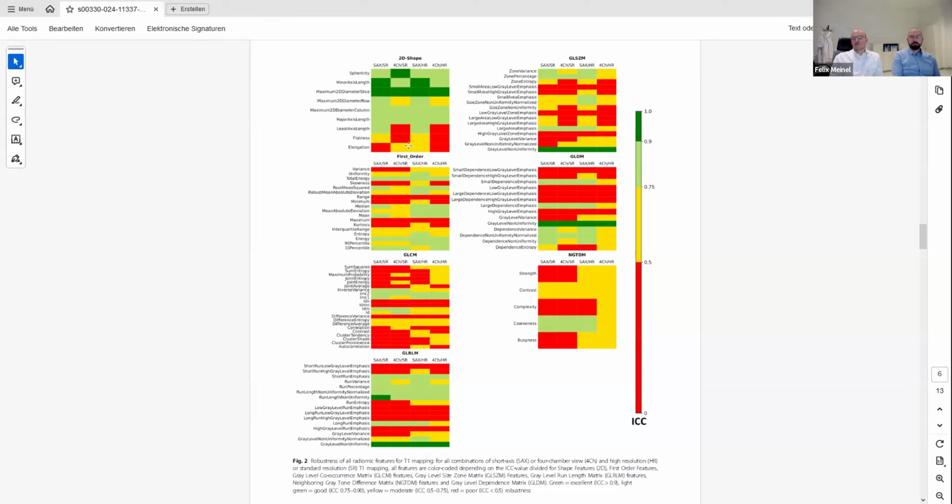Maybe it was positioning of the patient inside the scanner, because the individual was taken out of the scanner and put back in. Maybe this positioning of the slice or of the patient was slightly different, or the segmentation was slightly different. And even these slight differences already led to poorly reproducible features even in this class. So I think that's interesting.